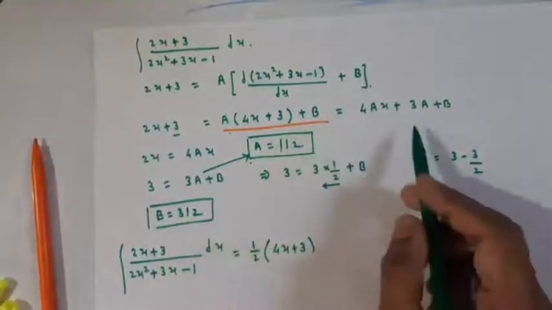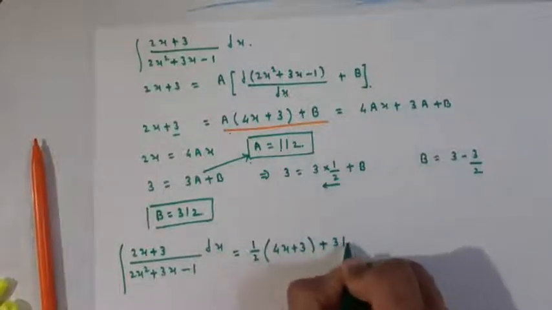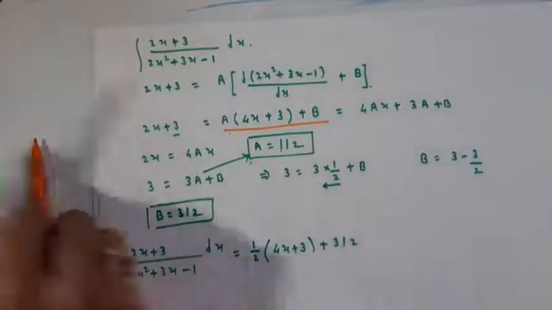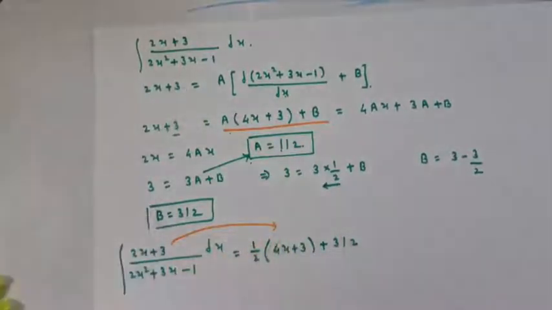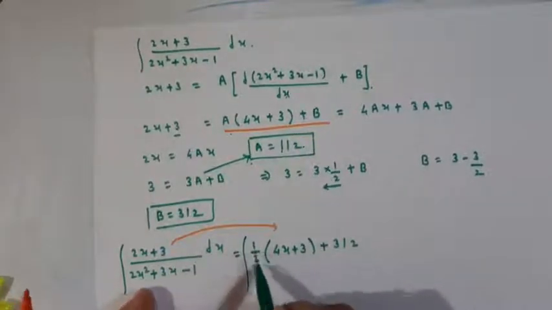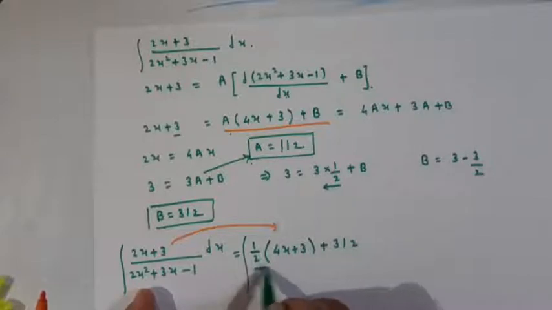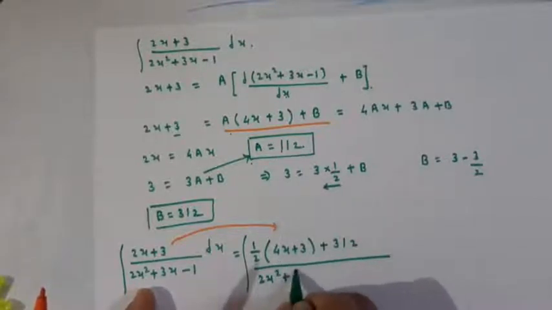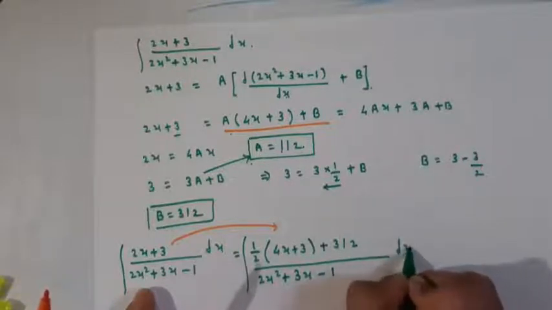What is the value of b? B is 3 by 2, plus 3 by 2. In this way we have written the numerator. Okay, integration of 1/2 4x plus 3 is the numerator upon the denominator 2x square plus 3x minus 1, that is as it is.